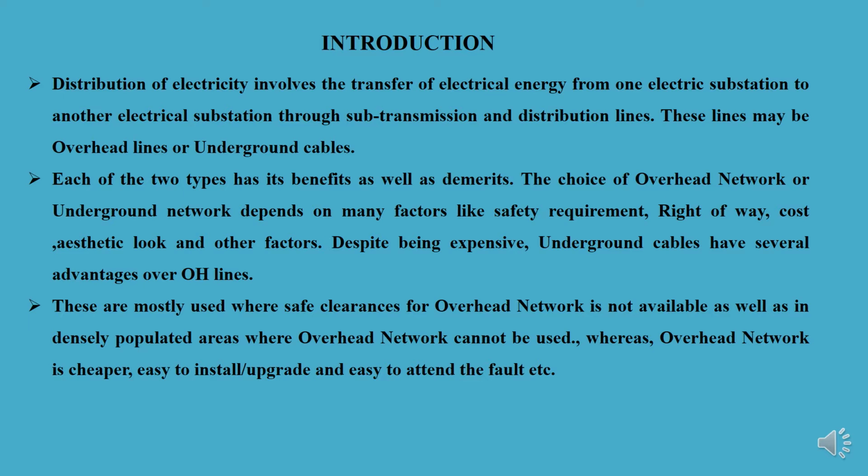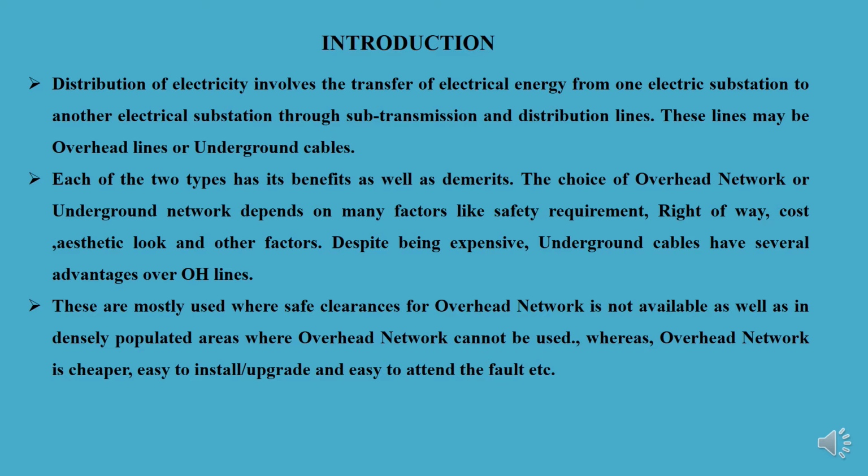These are mostly used where safe clearance for an overhead network is not available. So what is safe clearance? Safe clearance means the distance from the ground up to the first wire. That distance is called the clearance, right? So how much safe clearance is available from the ground? If safe clearance is available, then we can provide the overhead network, right?